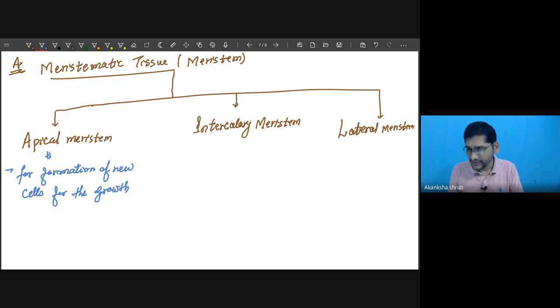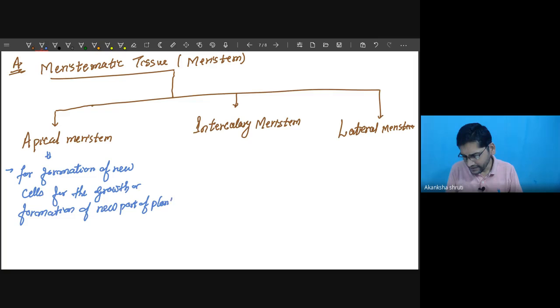This is the generation or formation of a new part of the plant. From this you can understand that the size of the plant increases, or a new part is formed. Where is the new part formed? Where this apical tissue is present.